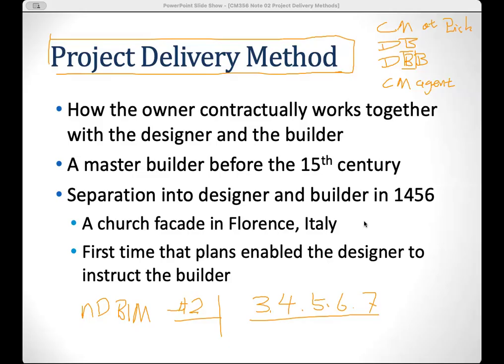Okay, let's move into the next part and talk more about project delivery methods. Before, construction projects used to be very simple. With a simple one, you can design your house, buy the materials, and build it by yourself, right? So there is no clear difference between the designer and the builder.